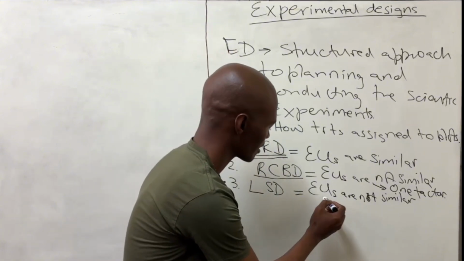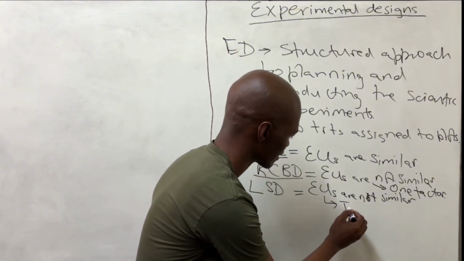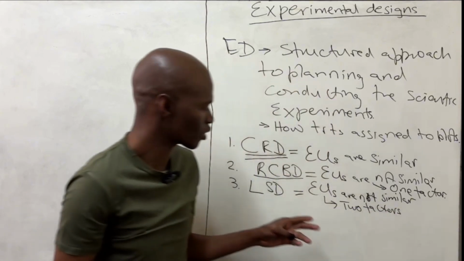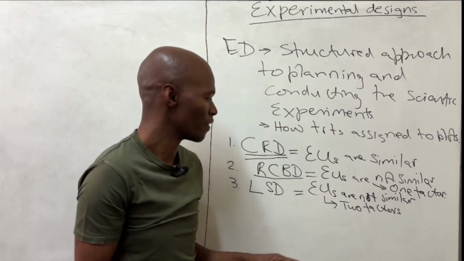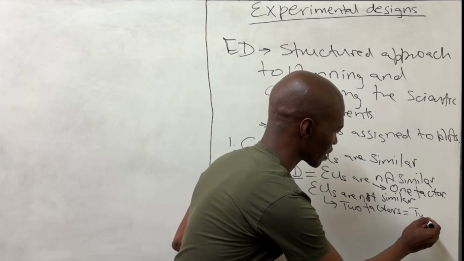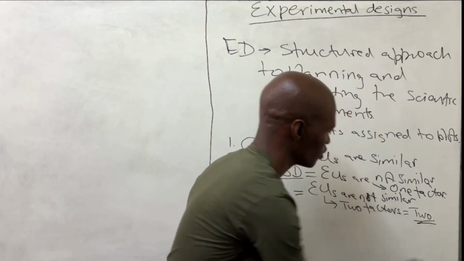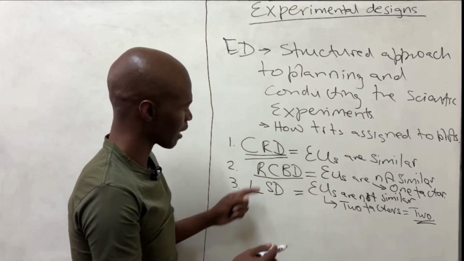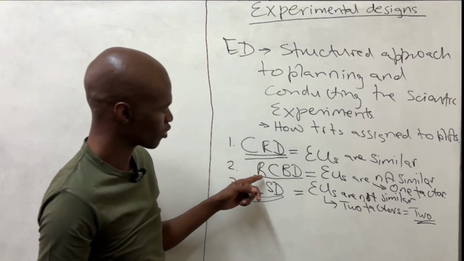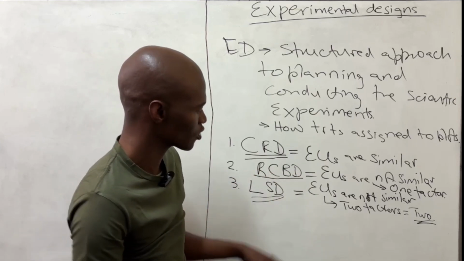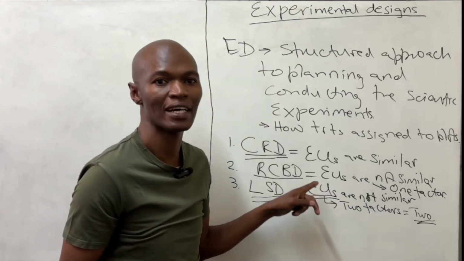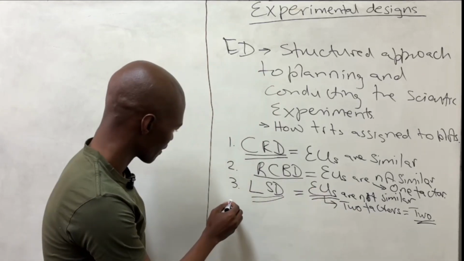But what we notice now is there are two factors by which those experimental units differ. Now we are going to have what is called two blocking. When we have those two blocking, instead of saying it's double block, we say it's Latin square design. It is the same as randomized complete block design, but the difference is that your experimental units differ in two factors.